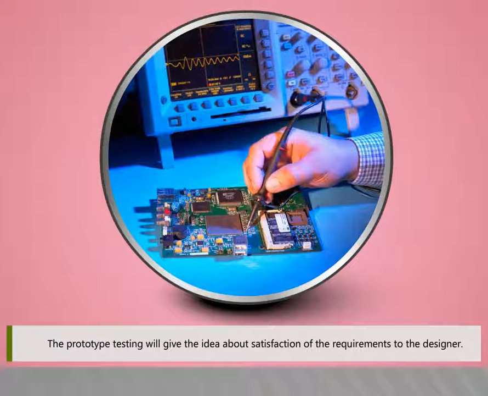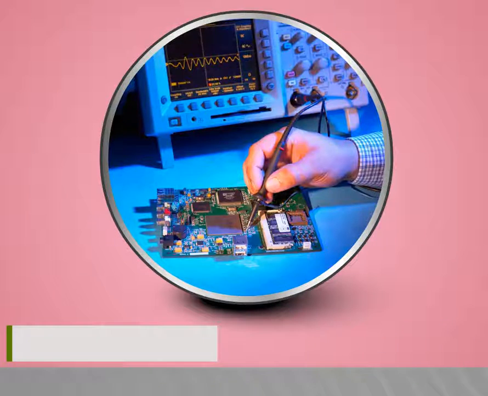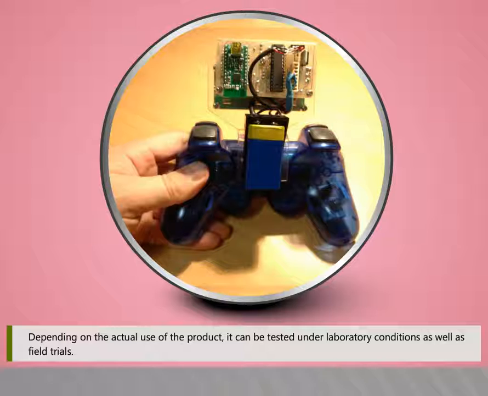The prototype testing will give the designer an idea about the satisfaction of the requirements. Depending on the actual use of the product, it can be tested under laboratory conditions as well as field trials.